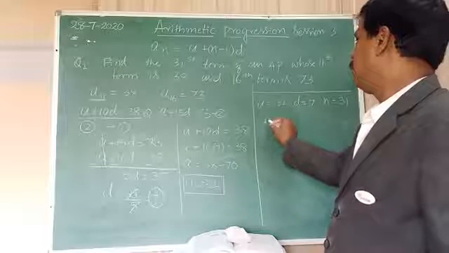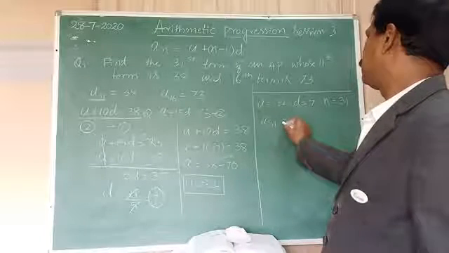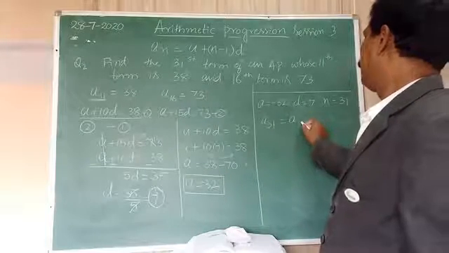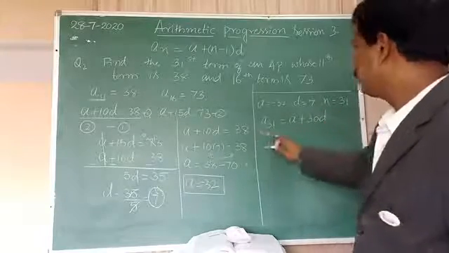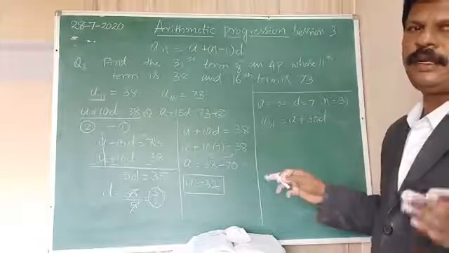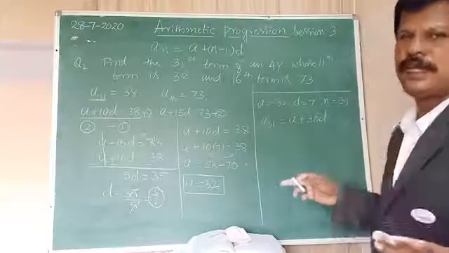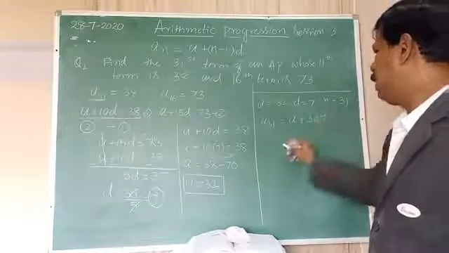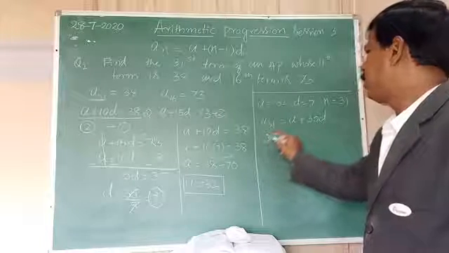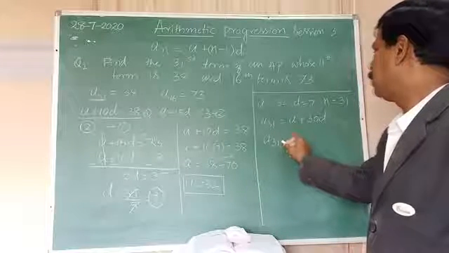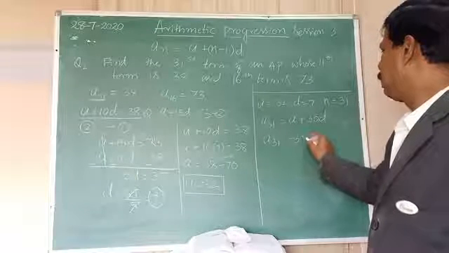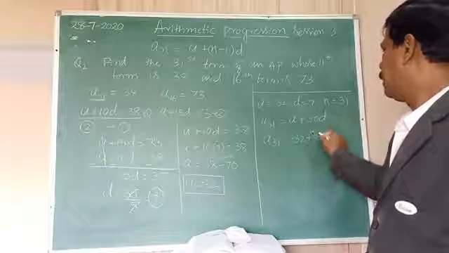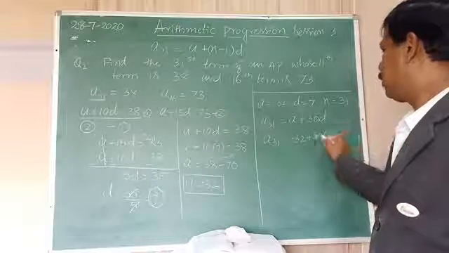Therefore, A31 is equal to A plus 30D. So I have written this directly. When you write n minus 1, 31 minus 1 is 30, so 30 into D. Now substitute the values. A31 equals, A value is minus 32 plus 30, D value is 7.